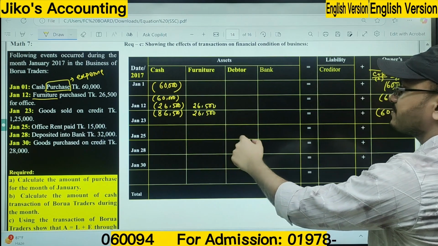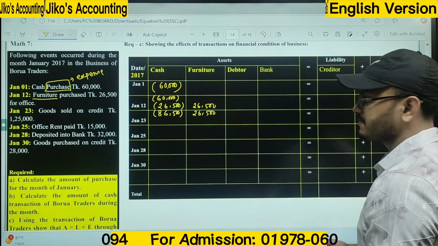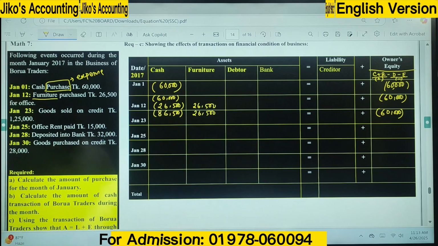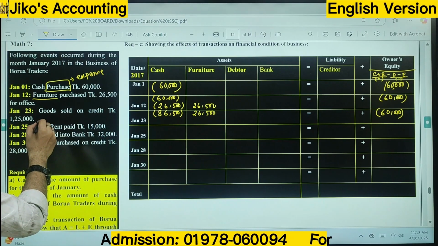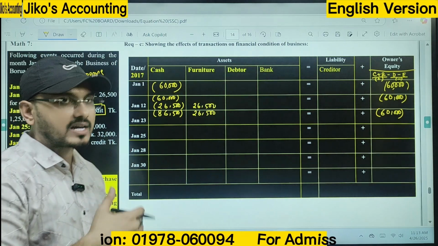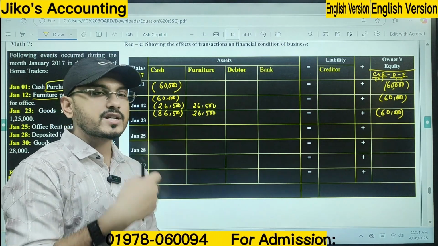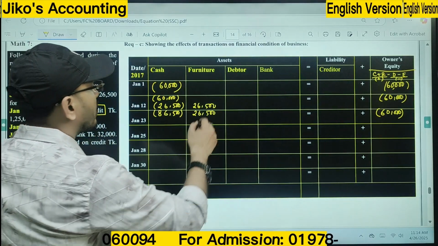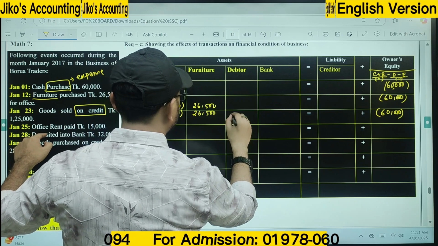So what would be your amount, sir? As usual, 60,000. Both of them you can see the minus figure here. Minus figure is the largest one. How about 23? Goods sold on credit. You can see on credit. That means a non-cash transaction. The person who is coming to me is my debtor or account receivable. So what is my receivable amount here? 1,25,000 taka.